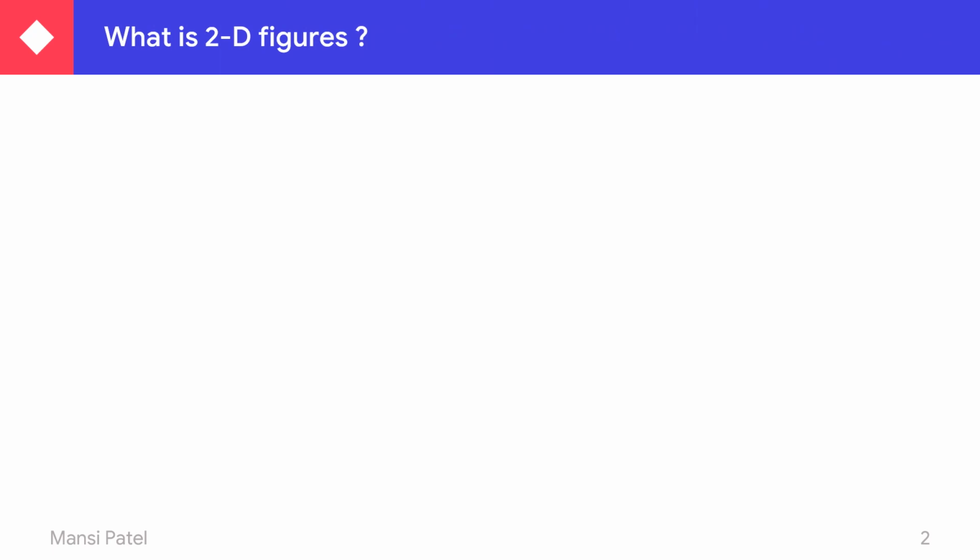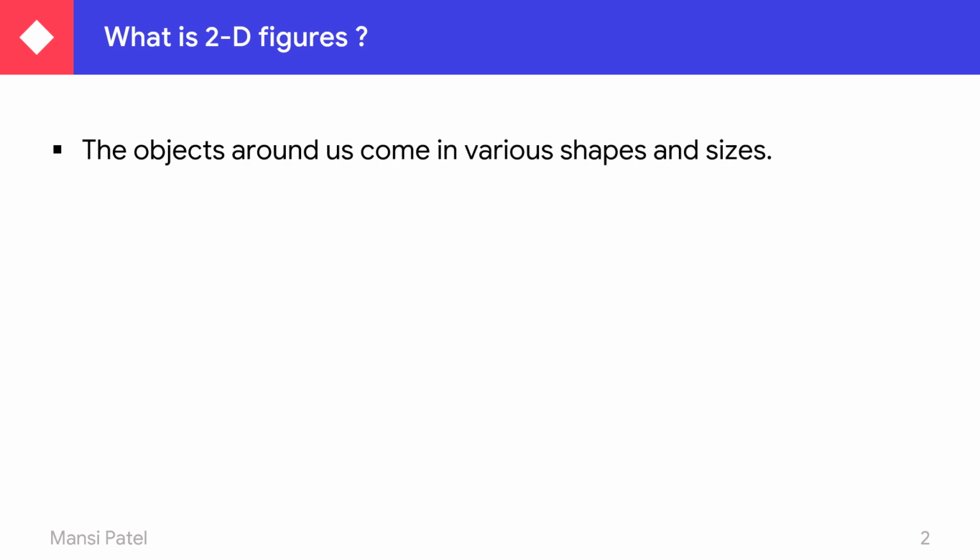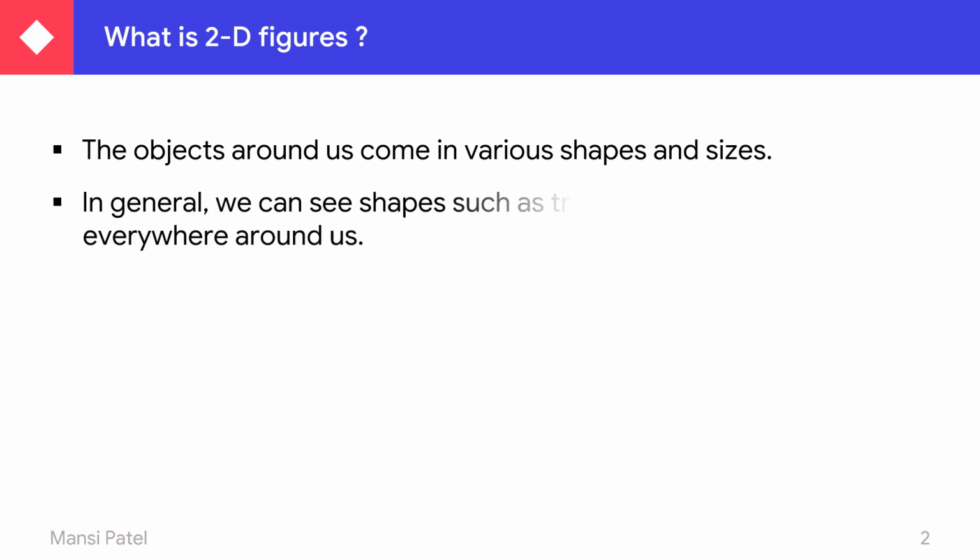Let us see. The objects around us come in various shapes and sizes. If we look around us, we can see many different types of objects, and all these objects are not similar; they are different in shape and in size.